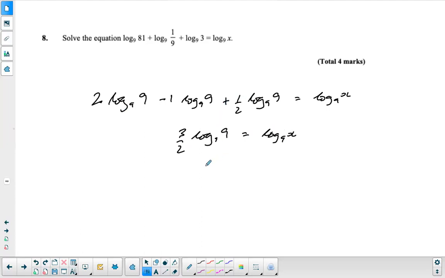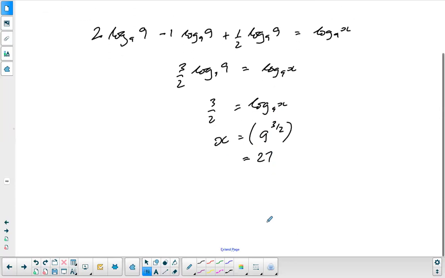It's 1, so 3 over 2 equals log to the base 9 of x. So x is equal to 9 to the power of 3 over 2. Square root of 9 is 3. 3 cubed is 27.